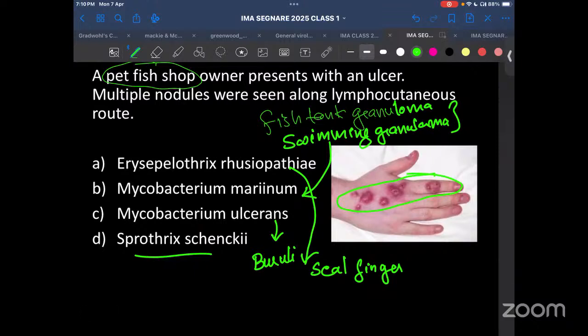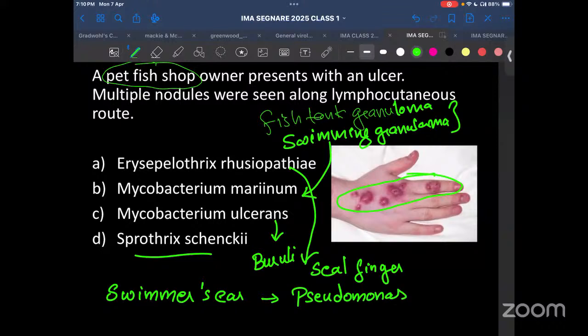There are some other terms starting with swimming. For example, swimmer's ear is actually otitis externa caused by Pseudomonas aeruginosa. Then there is swimmer's itch, which is caused by schistosoma.